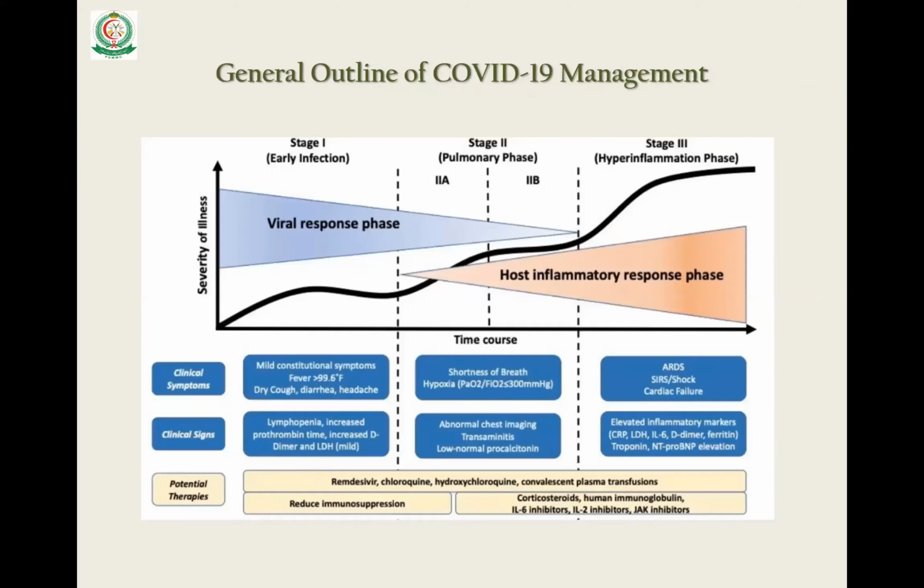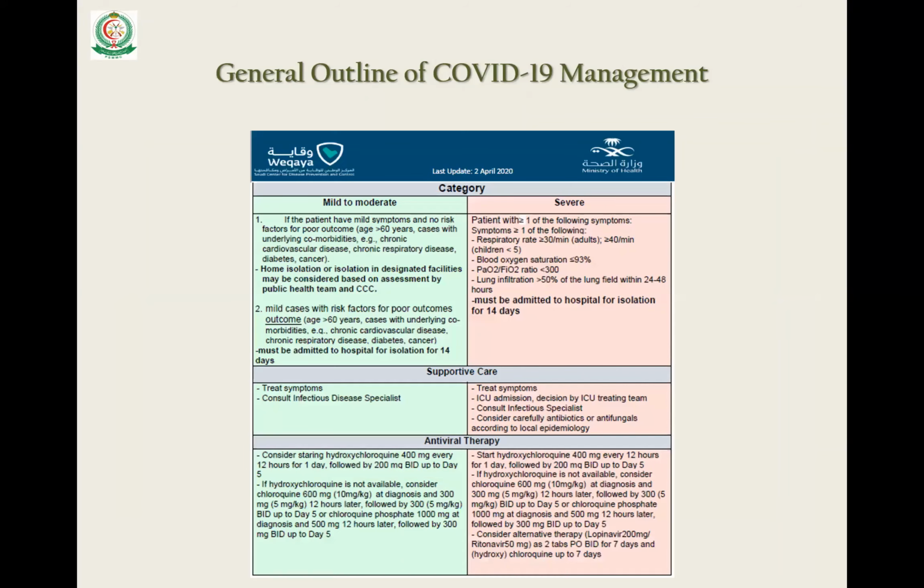Okay, so can we go back? The general outline of COVID management relies mainly on supportive care. However, there are investigational treatments which are left to the treating physician, the specialized people in the field.